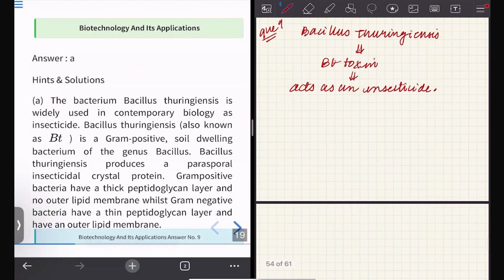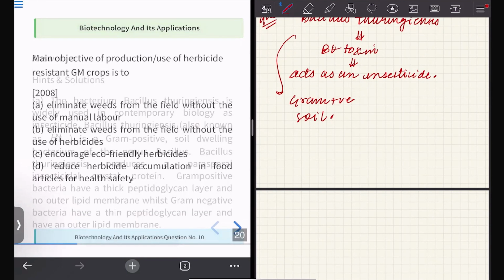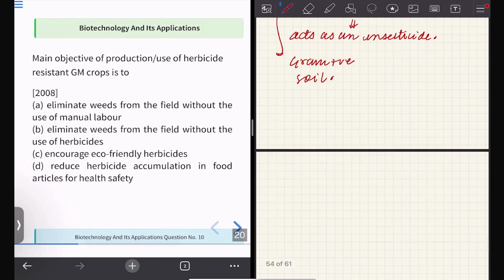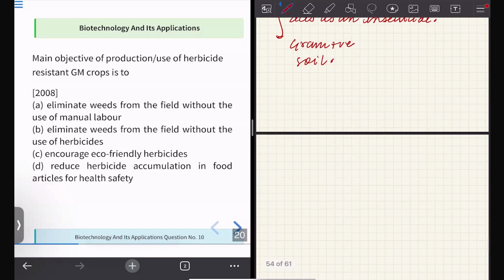It is gram positive. Where is it found? It is found in the soil. Okay. So it produces a parasporal insecticide, which is crystal protein. Gram positive bacteria have a thick peptidoglycan layer.